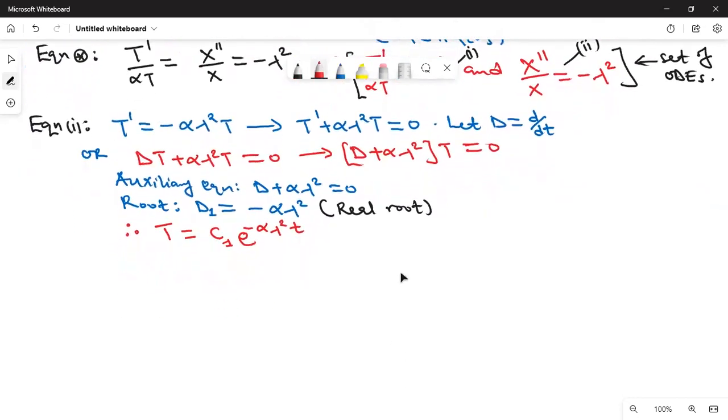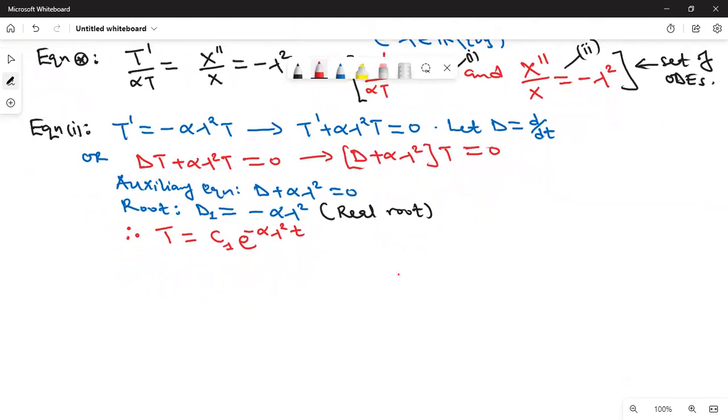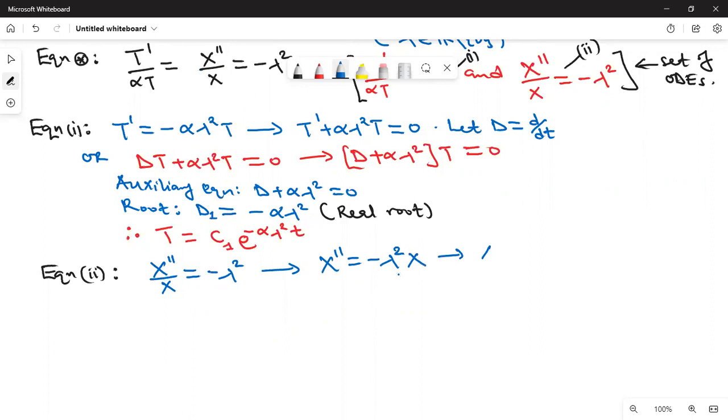Let's solve the second equation, equation Roman 2. So equation 2 will have x double prime over x is equal to negative lambda squared, which you can write as x double prime is equal to negative lambda squared times x, which you can also write as x double prime plus lambda squared x is equal to 0. So again, we write this in terms of the d operator.